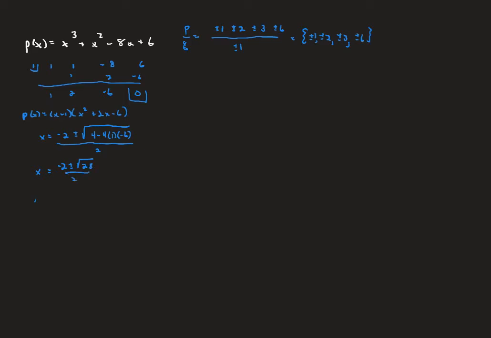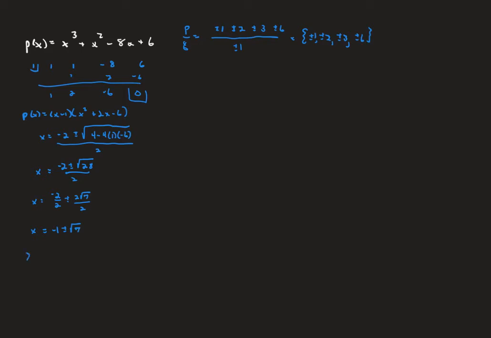We can simplify that by splitting this apart, negative 2 over 2 plus or minus the square root of 28, because that's 4 times 7, and the square root of 4 is 2.